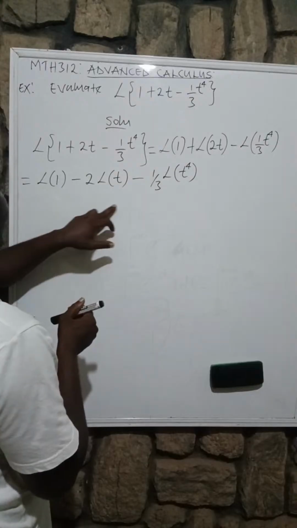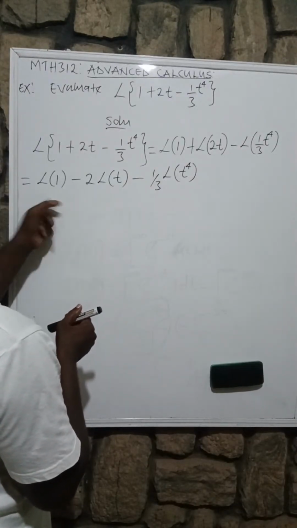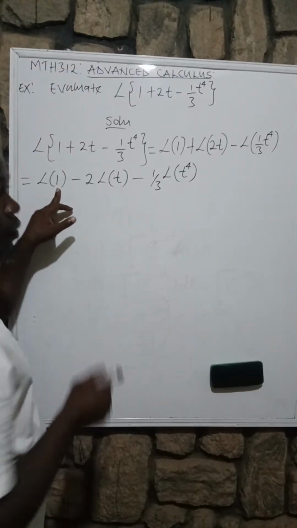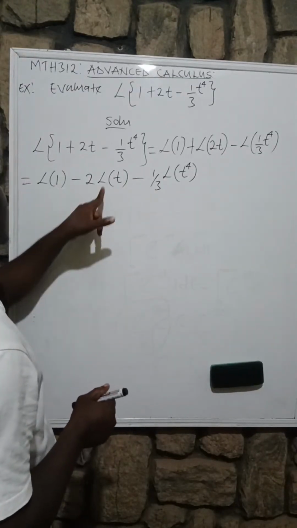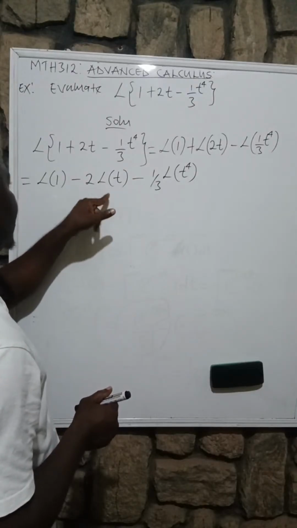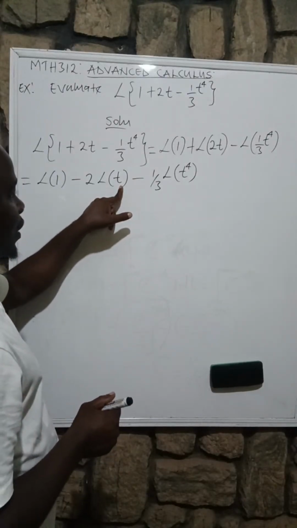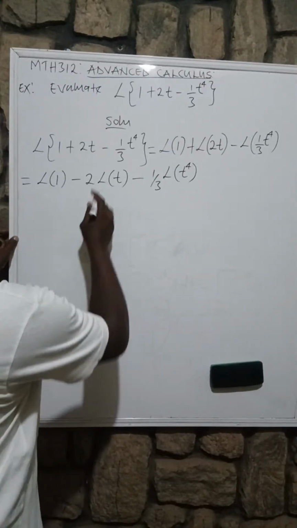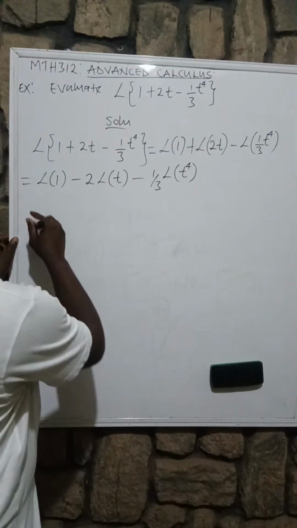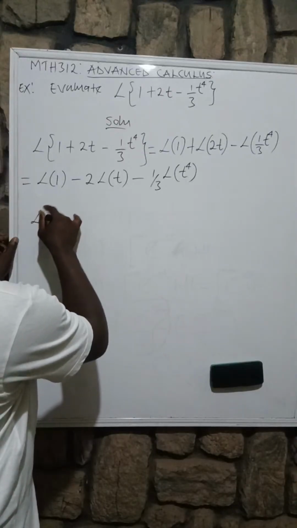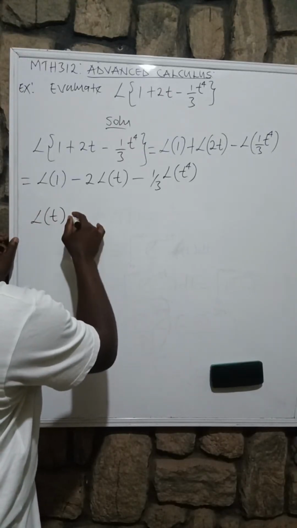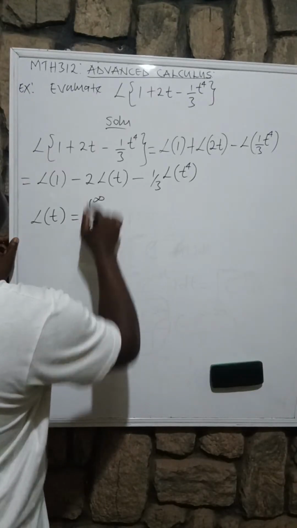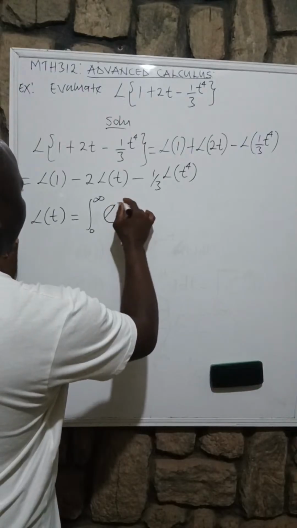So now we were able to obtain Laplace of 1 will give us 1 all over s. Then here we have 2 times Laplace of t. So let's look at it together. Laplace of t is equal to the integral from 0 to infinity of exponential minus st times f of t.